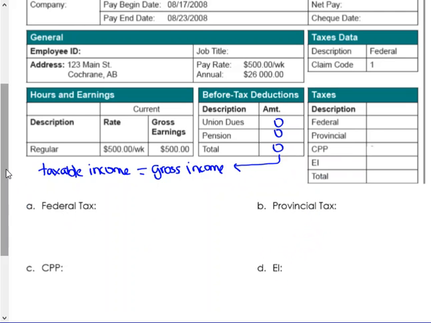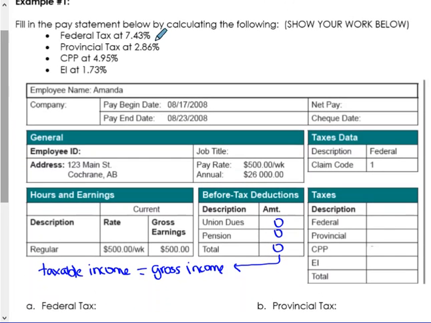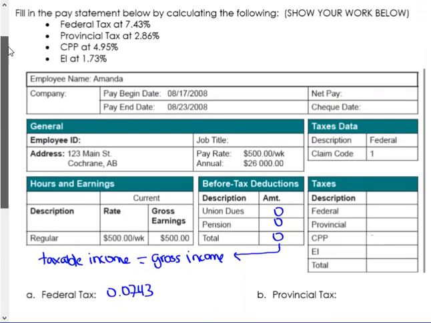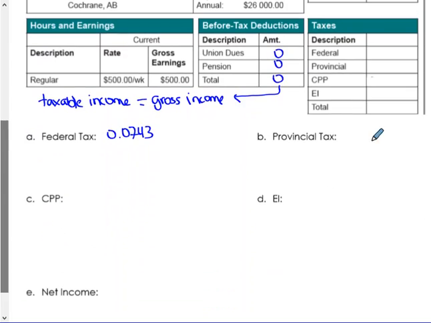Okay, so figuring out our federal tax. Federal tax is 7.43 percent for this example. Remember, we need to turn that into a decimal, so 0.0743. Provincial tax is 2.86, so 0.0286.